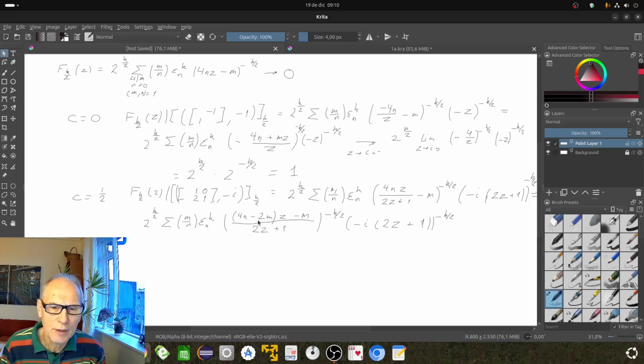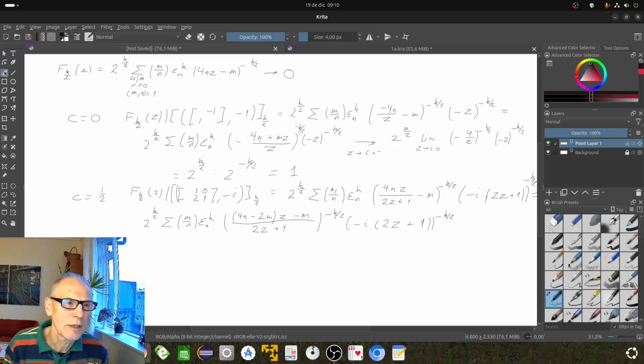So in the limit, all those where 2n minus m does not vanish tend to naught. No, all those where this parenthesis fails to vanish tend to naught. So it's only when it vanishes we get something non-zero.